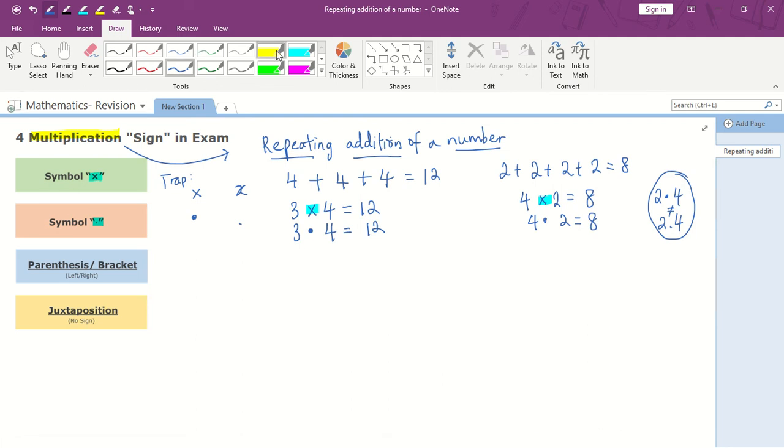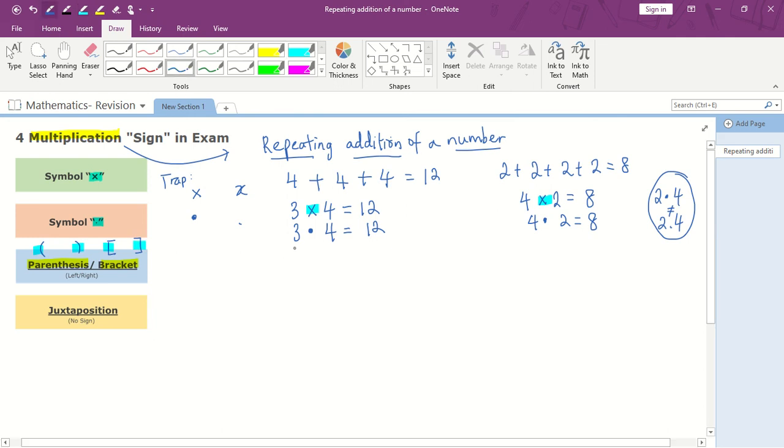The third one we'll be introducing is called parenthesis or bracket. First, what is parenthesis? Parenthesis is something like this, and bracket is something like this. Remember, one of these actually represents multiplication.